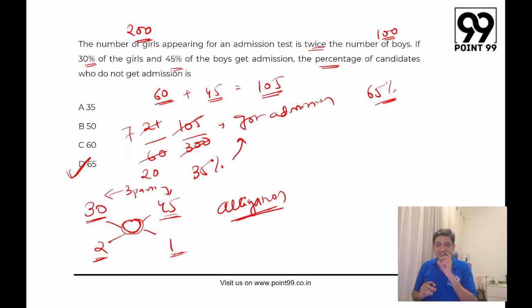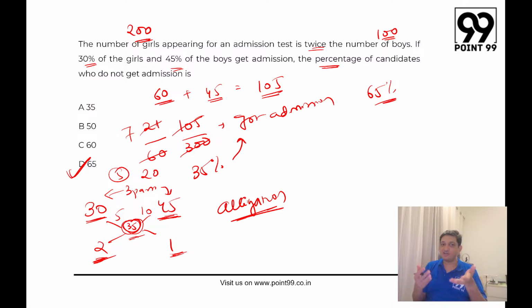ठीक है. तो एलिगेशन में हम क्या करते हैं, हम बोलते हैं कि भाई बीच का एक वैल्यू है, वो 45 से थोड़ा कम है बट 30 से थोड़ा ज्यादा है. सो बेसिकली अगर मैं 45 से उसका डिस्टेंस निकालू तो मेरे को 2 पार्ट्स मिलेंगे, और 30 से डिस्टेंस निकालू तो एक पार्ट मिलेगा, बट वो 30 और 45 के बीच में आता है. इसका मतलब क्या हो गया, टुगेदर द गैप बिटवीन 30 एंड 45 दैट इज 15 विल हैव टू बी डिस्ट्रीब्यूटेड इनटू 3 इक्वल पार्ट्स. अब 15 को 3 पार्ट में डिवाइड करेंगे तो 1 पार्ट इज 5 ना, तो ये जो गैप होगा वो 5 का होगा, दैट्स व्हाई दिस विल बी 35, एंड ये वाला गैप जो होगा वो 10 का गैप। सो 45 gap of 10 is 35, 30 gap of 5 is 35, you will get 2:1 as the allegation.